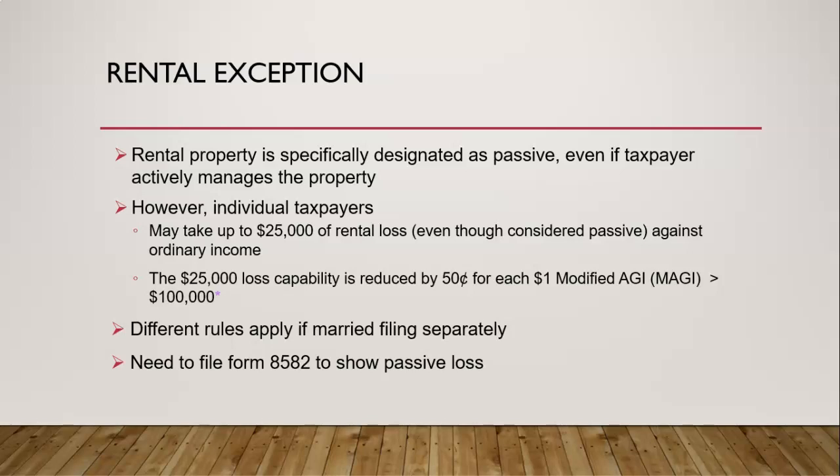Different rules apply, however, if you're married filing separate. One more time where married filing separate works against you. And you need to file a Form 8582 if you have any losses, and it has a section to go through this if you're an individual, to be able to subtract it.